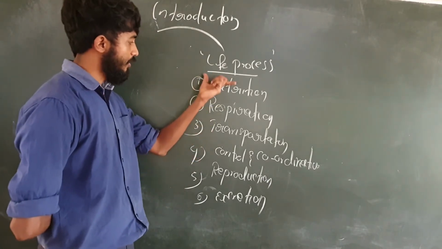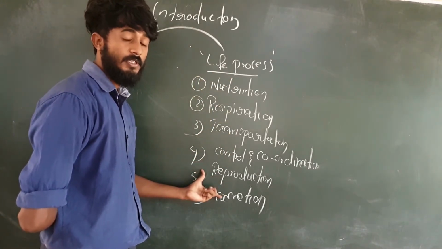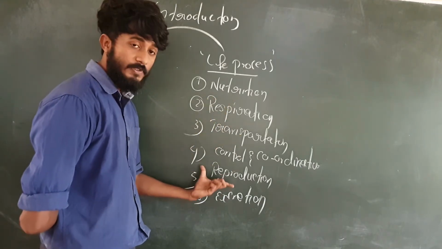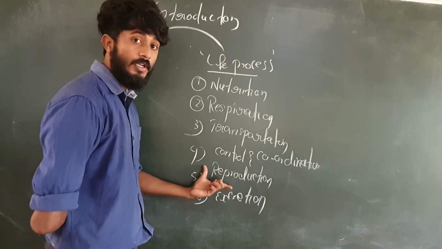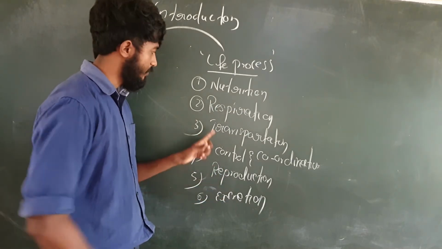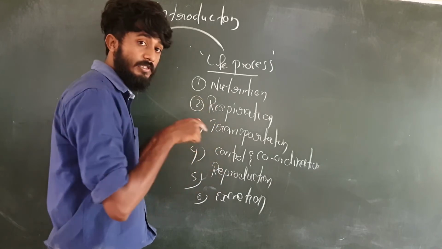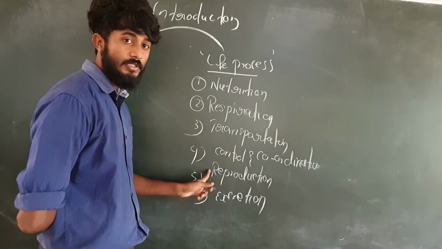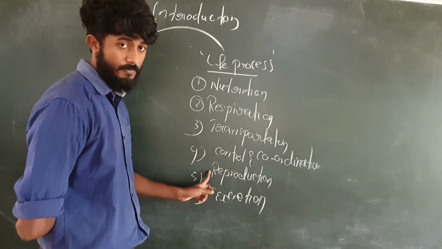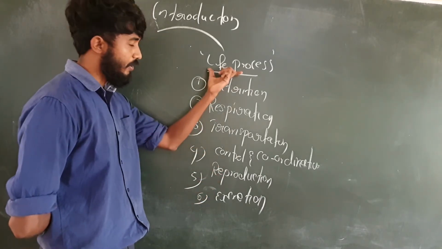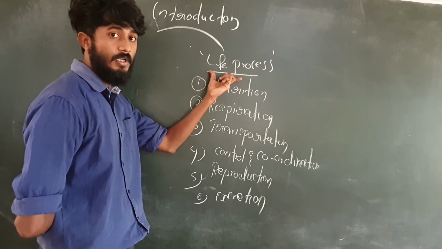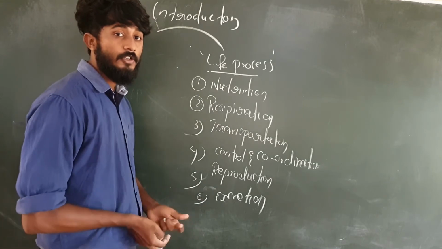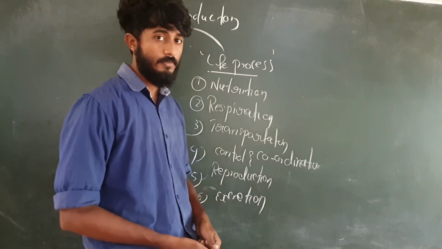That means all these processes take place inside the body of every living organism. These processes do not take place inside non-living things. They take place only inside living organisms. So this is one of the differences that distinguishes living from non-living organisms. So what are life processes? All the processes that take place inside the body of every living organism. Clear?